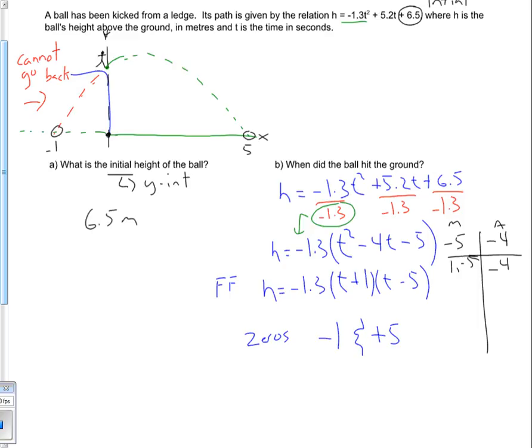Well, because you can't have negative time, there's only one logical answer. So in this case, when the ball hits the ground, it hits the ground after 5 seconds, because t represents the time in seconds.